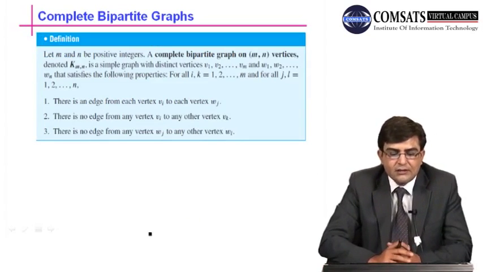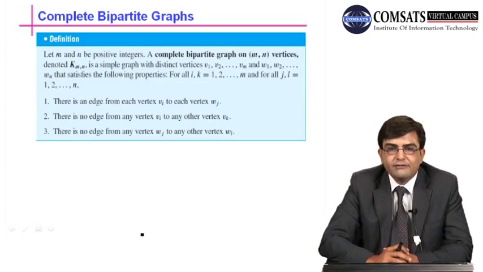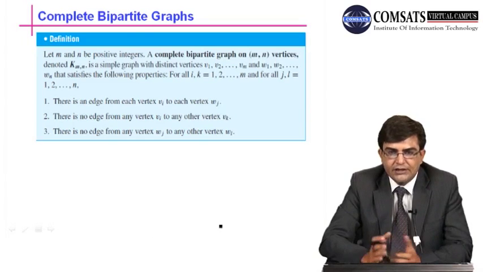Next is, what are complete bipartite graphs? Let m and n be positive integers, any 2 positive integers, 2, 3, 5, anything.